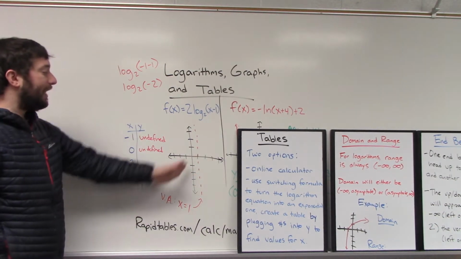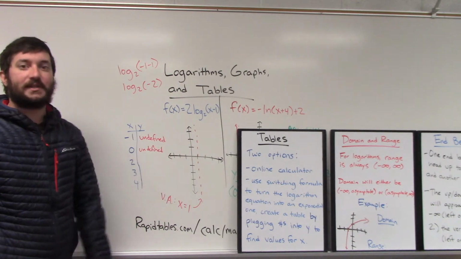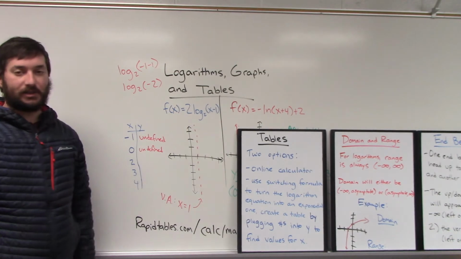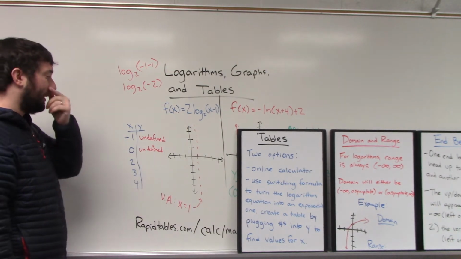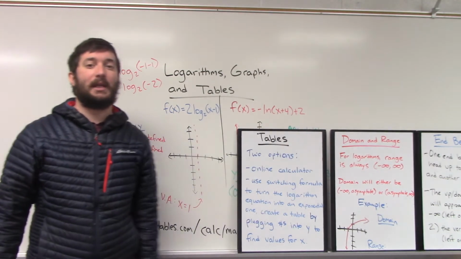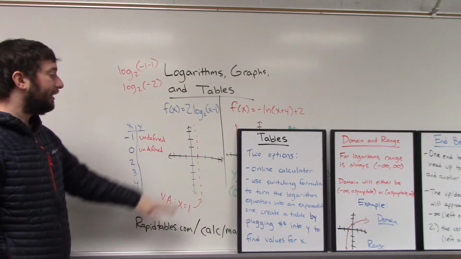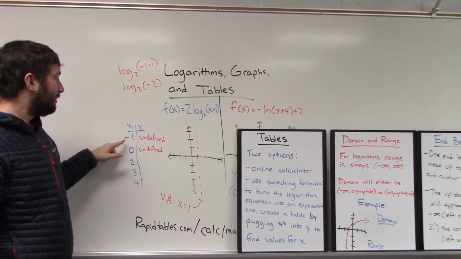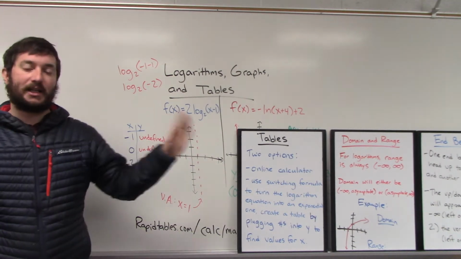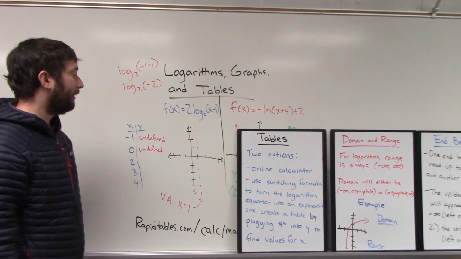And it turns out the graph will not exist on the left side of this asymptote, nor will it exist on top of this dotted line, this asymptote, as well. Now the graph for the logarithm will exist everywhere to the right side of the page, but it's not going to exist anywhere to the left side, so x can't be -1. X cannot be 0. There's not going to be a y-intercept here, for example.